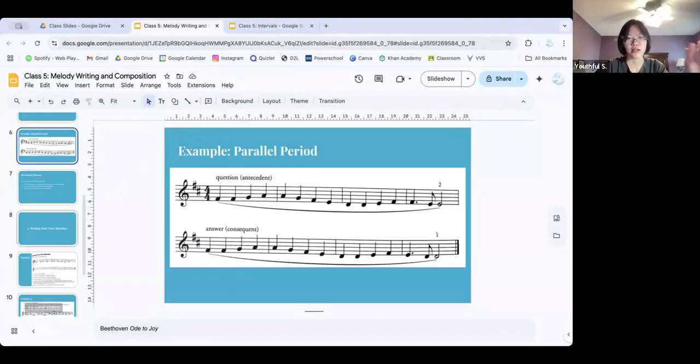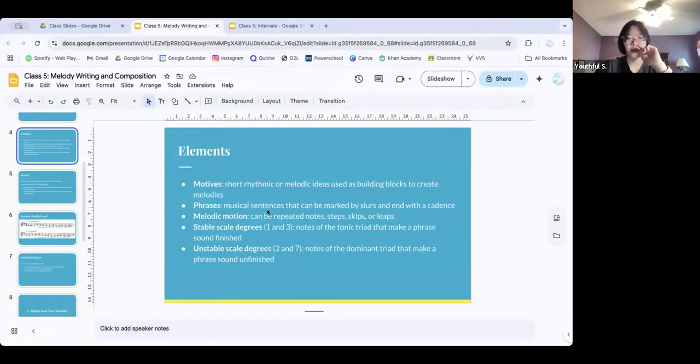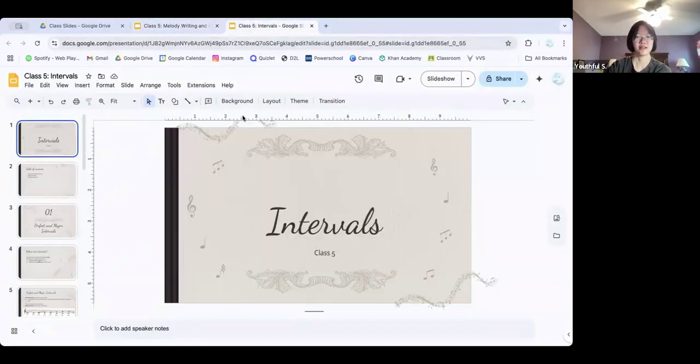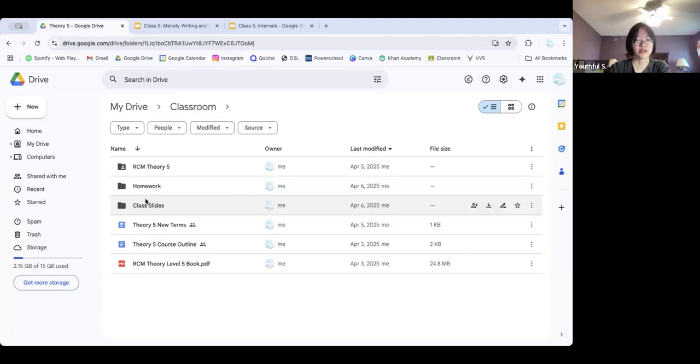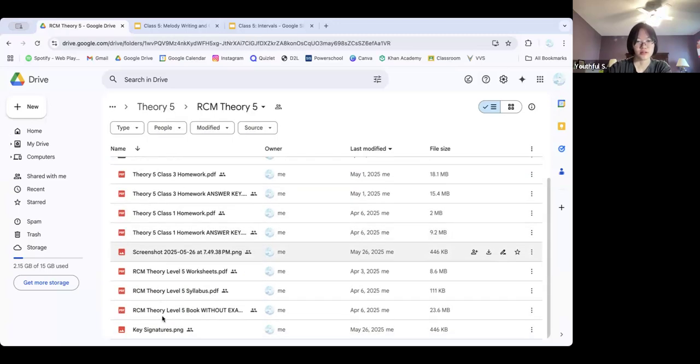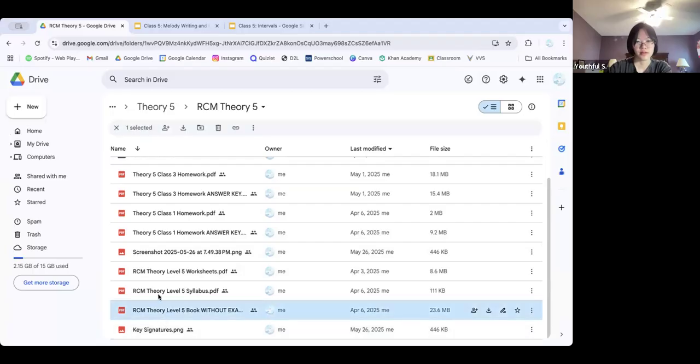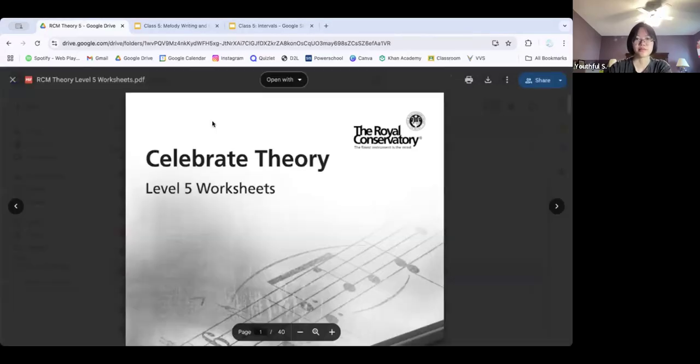So these elements of melodies, and then you learn about periods and get a brief introduction to melodies. So if you want, you can practice trying to come up with melodies on your own. And I think there's also practice questions in here. Worksheets here.